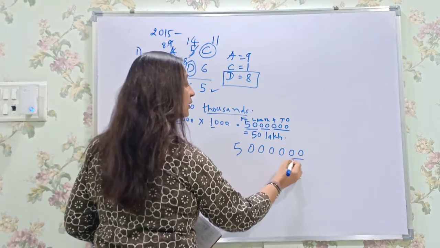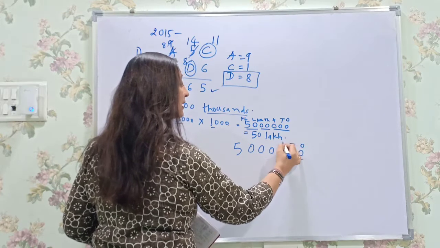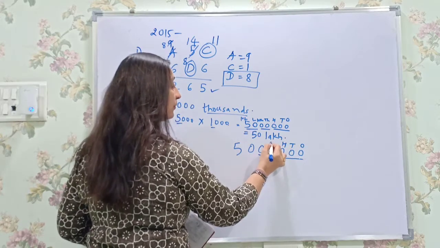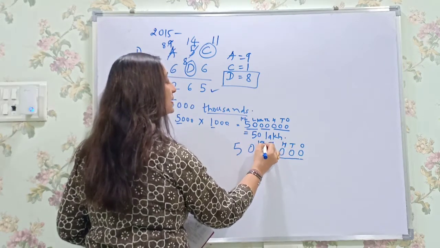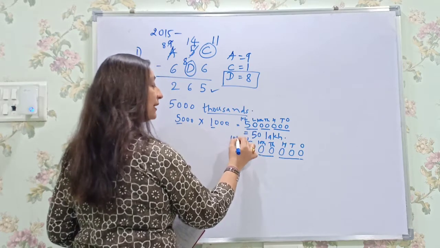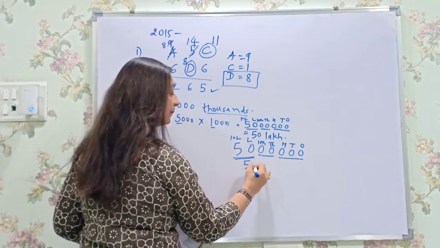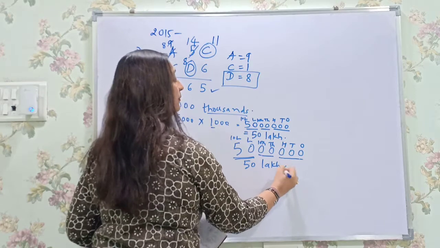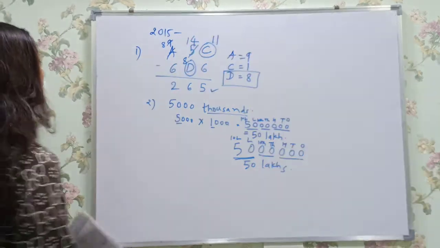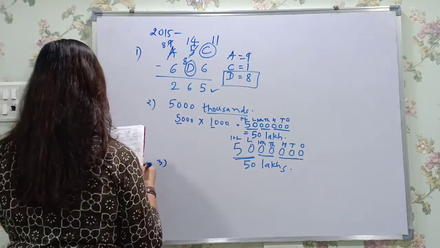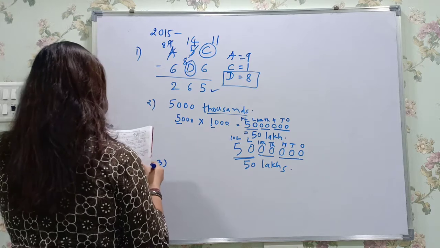This is a group of 3: ones, tens, hundreds. This is the group of thousands, 10,000s, and this is the group of lakh, 10 lakhs. So this is 50 lakh. So 50 lakh is the third option.